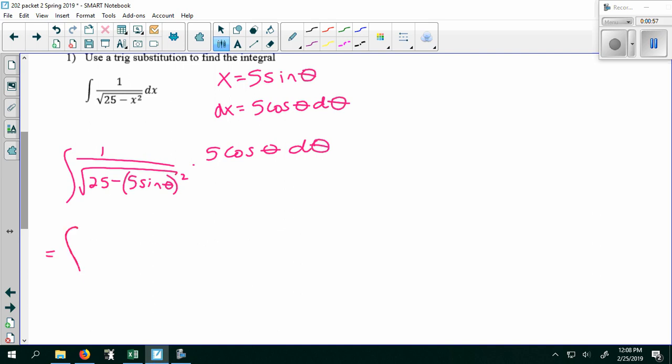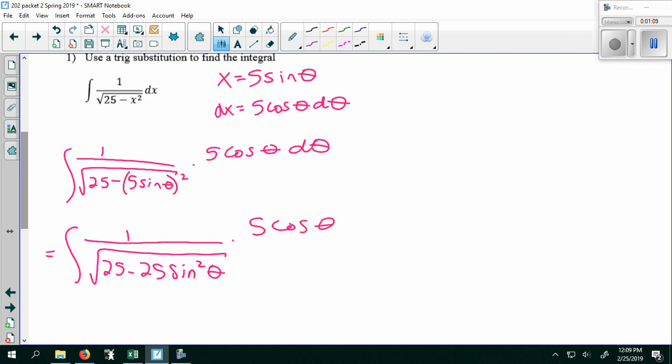So this becomes the integral of 1 over the square root of 25 minus 25 sine squared theta times 5 cosine theta d theta.